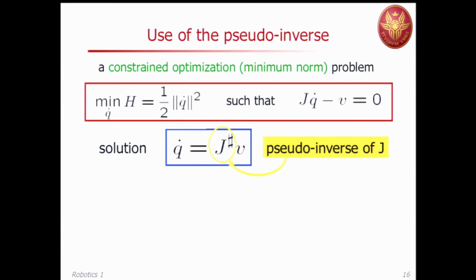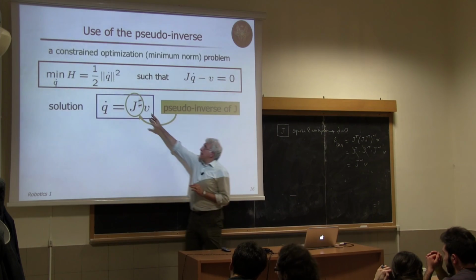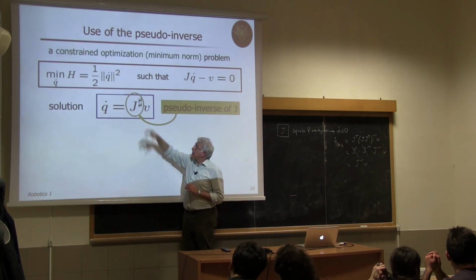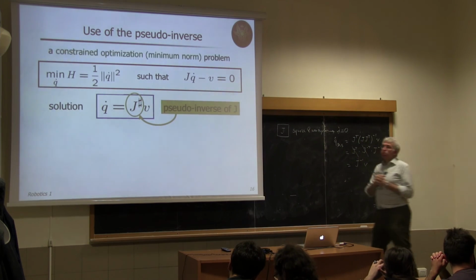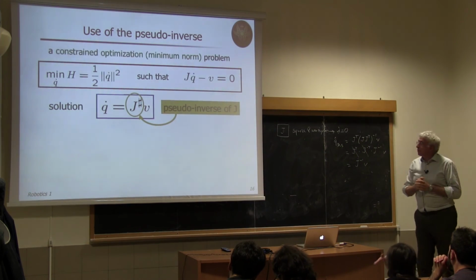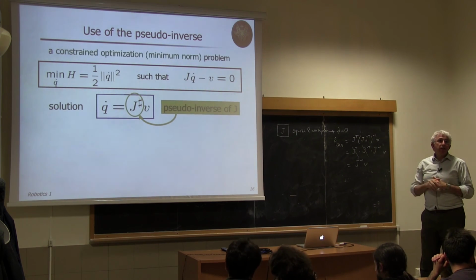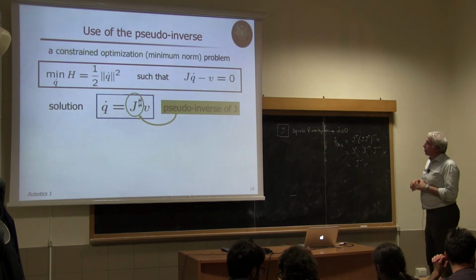Now there is another possible robust method for doing things, not the damped least square. Again, this method works both for non-square Jacobians and for square Jacobians which are singular. And it's similar to the previous case, but we are now trying to expressly minimize the joint velocity vector in norm, while enforcing the solution of the task.